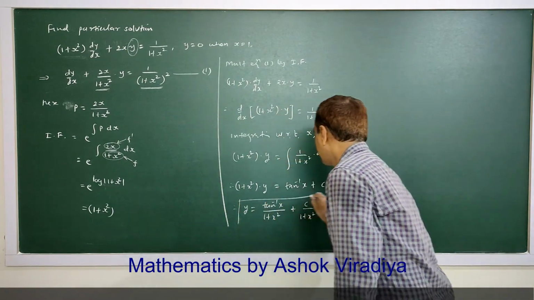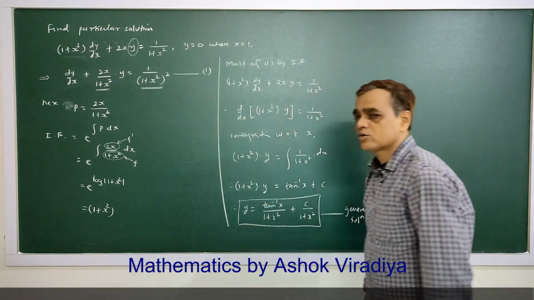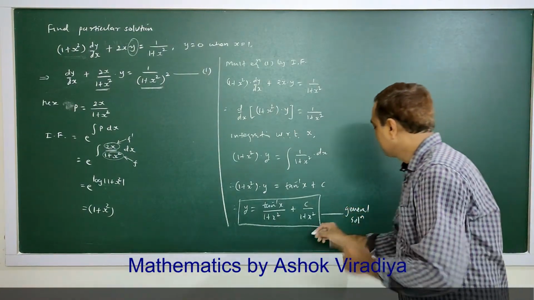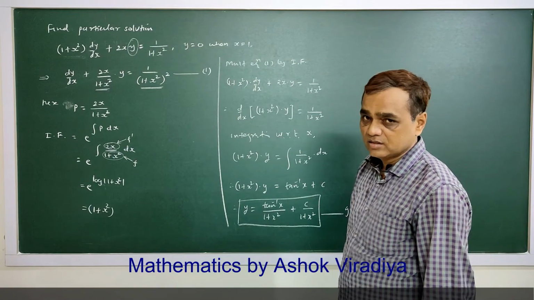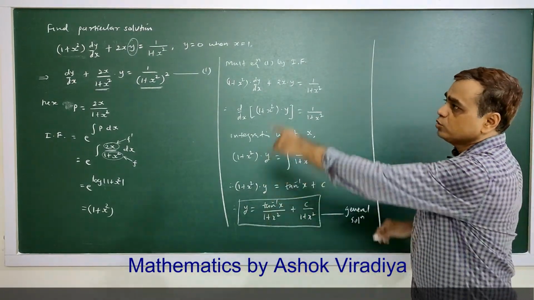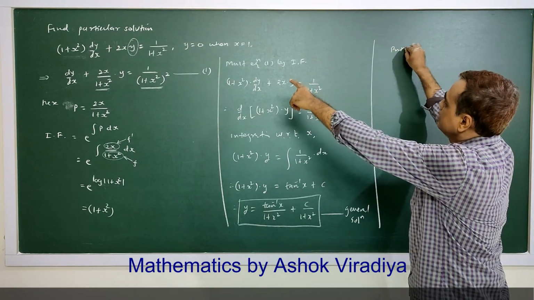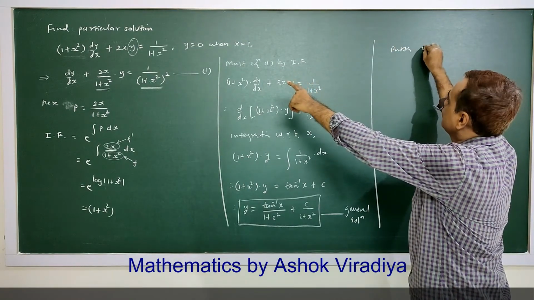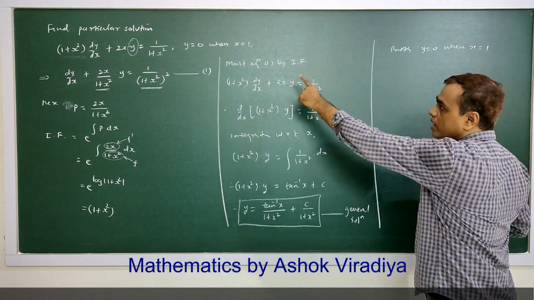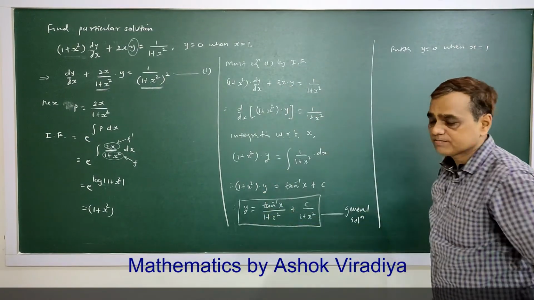Whenever we are asked to find a particular solution, first of all we always find the general solution. Now to find a particular solution, we use the given condition. Now we are putting y equal to 0 when x equal to 1 in the general solution.